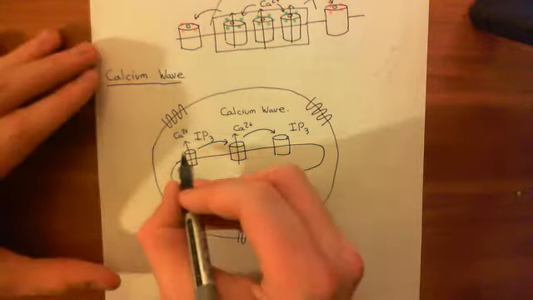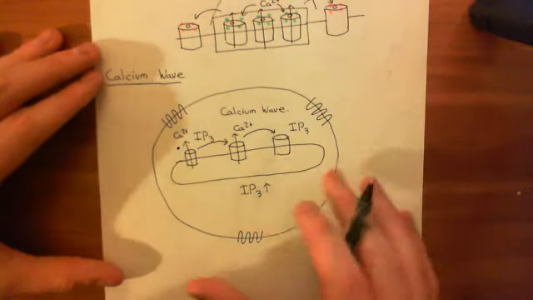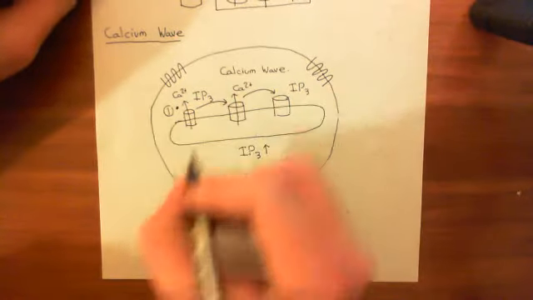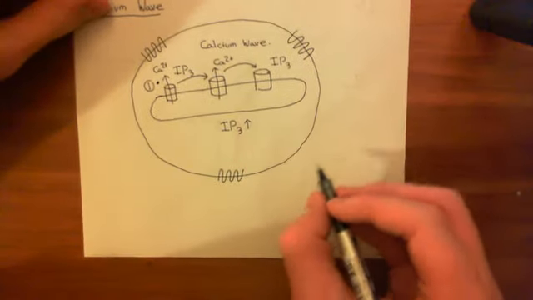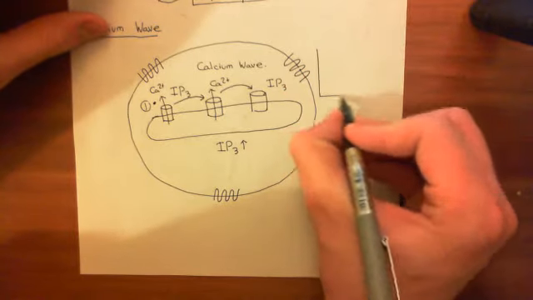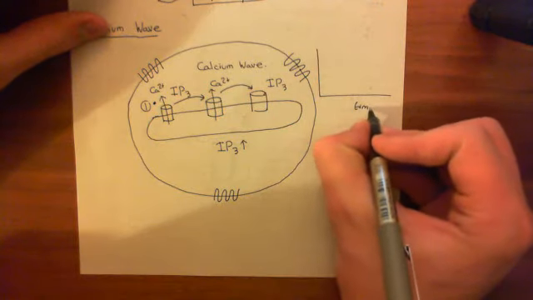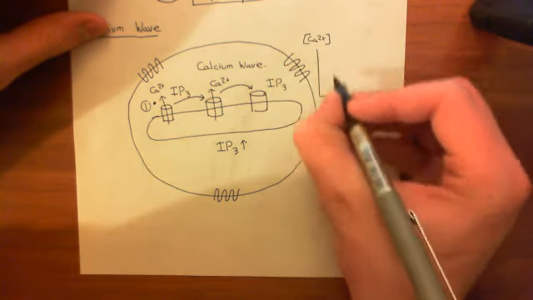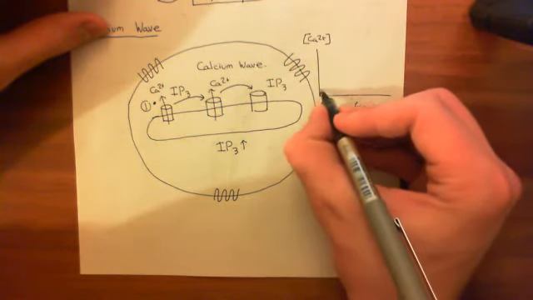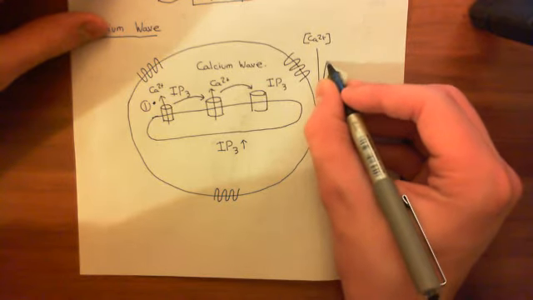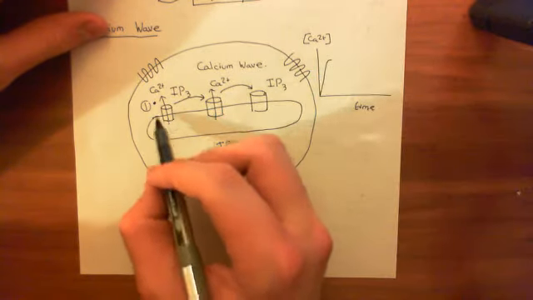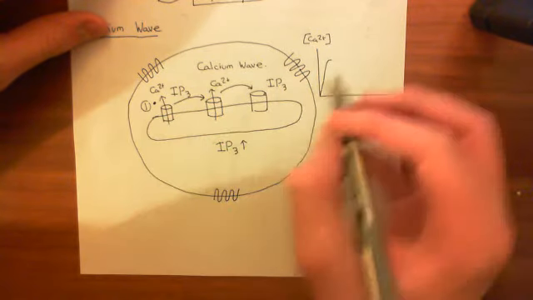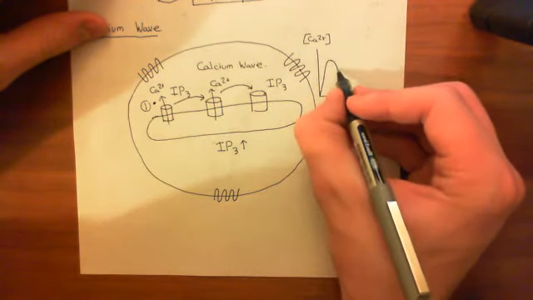So, if we were to measure calcium level in this portion of the cytoplasm, let's say this is position 1, and plotted a graph of calcium concentration versus time, we would find calcium concentration initially goes up when calcium is being released by the IP3 receptors in the vicinity of point 1, and then it will gradually go down as these IP3 receptors are all inactivated.